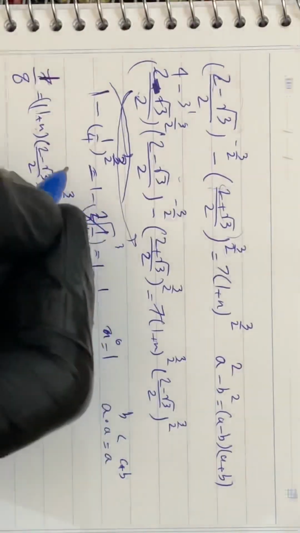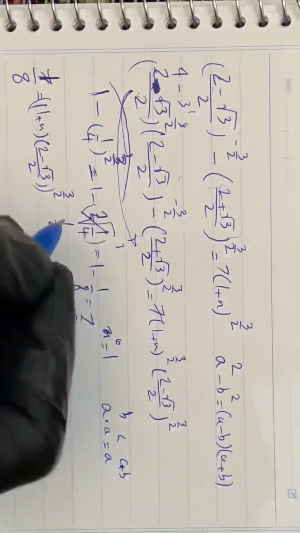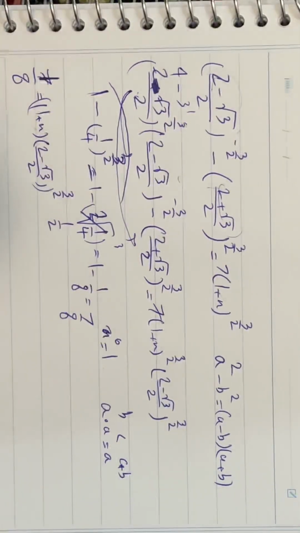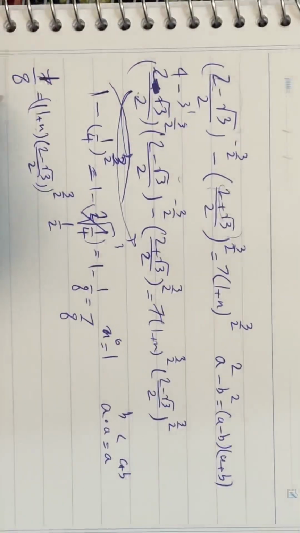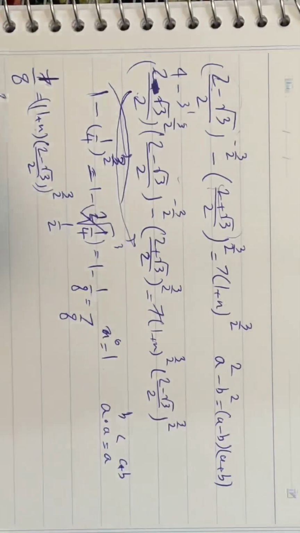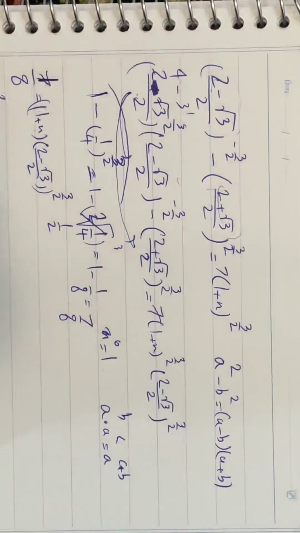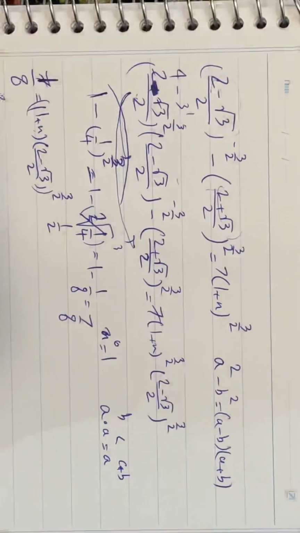So let's set both sides to the power of 2 over 3, which I mean by that is 1 over 8 to the power of 2 over 3 equals 1 plus x times 2 minus radical 3 over 2.